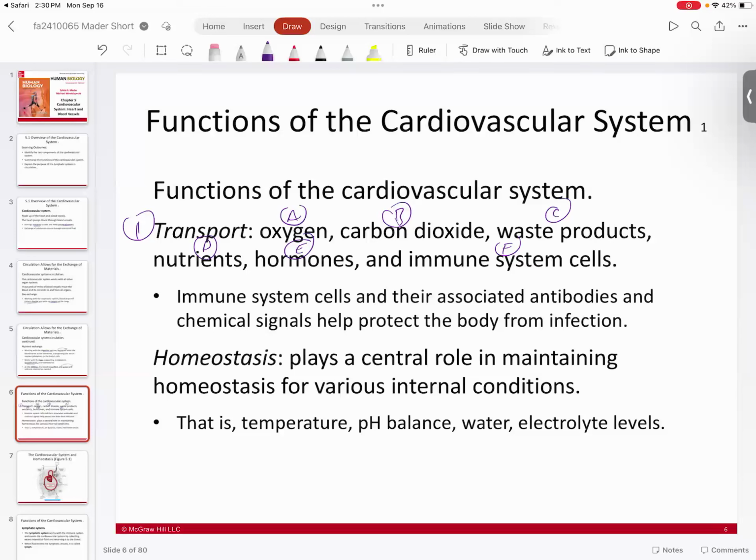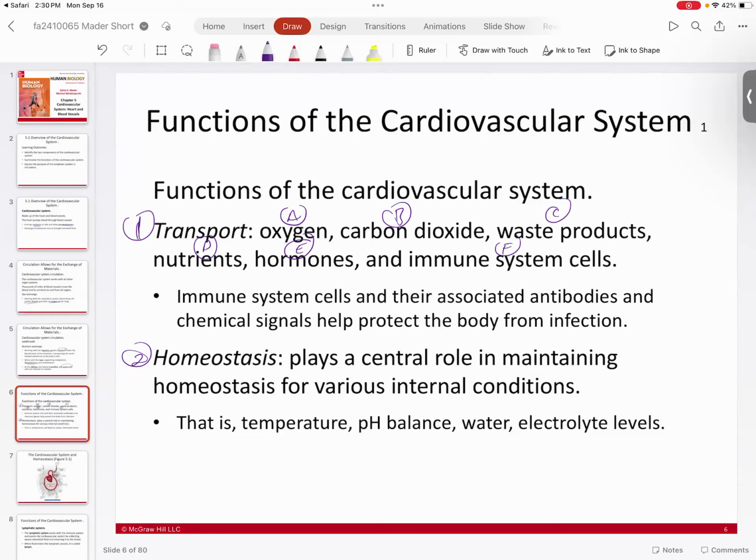As a matter of fact, white blood cells are a component of your blood. Antibodies you'll also find in your blood, which are being transported throughout your cardiovascular system as well. So you can see it's delivering a lot of different, very needful things for your body. You have to have these things in order to function.